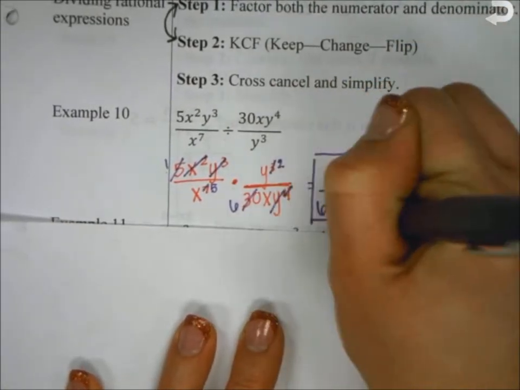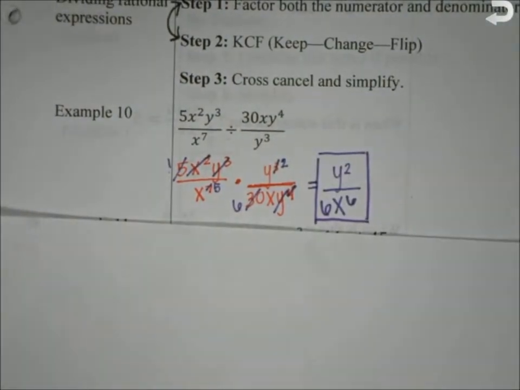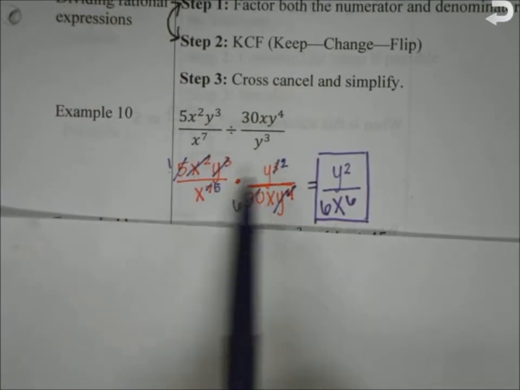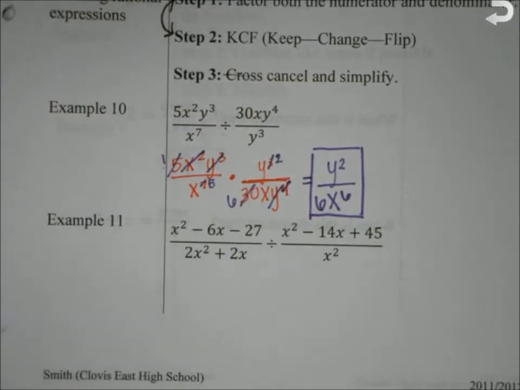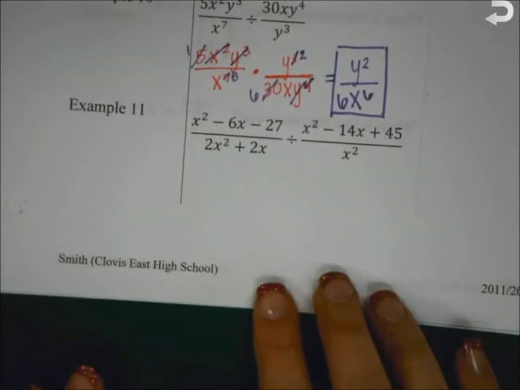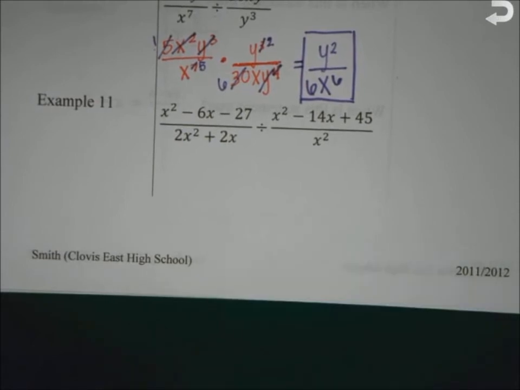Example 11. I know. It's not as bad as it looks. Okay, example 11. x squared minus 6x minus 27 over 2x squared plus 2x divided by x squared minus 14x plus 45 all over x squared. Okay, so what's my first step in division problems?